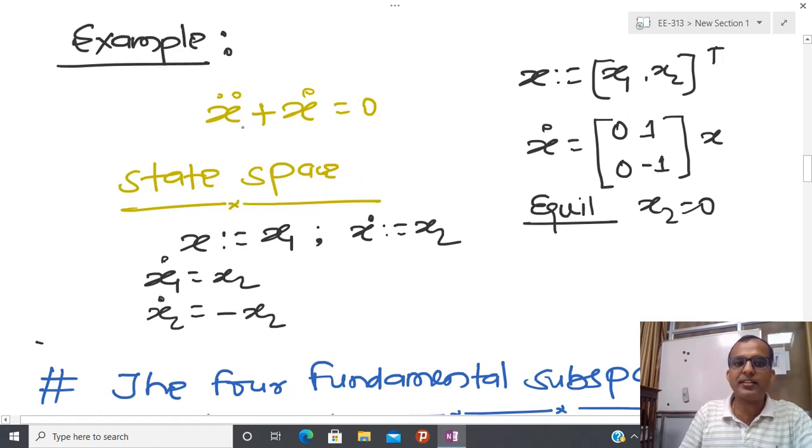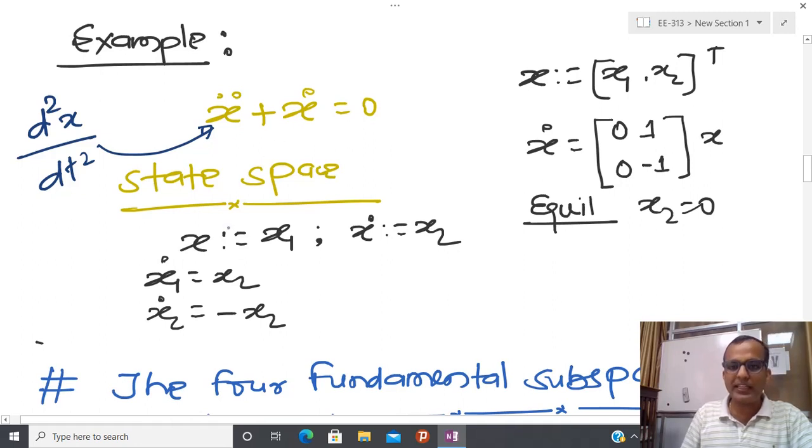So I have constructed a very simple example. x double dot is d2x by dt square, and x dot is dx by dt. So in a state space representation, why am I doing a state space representation?